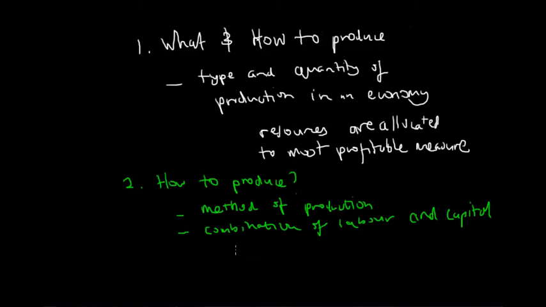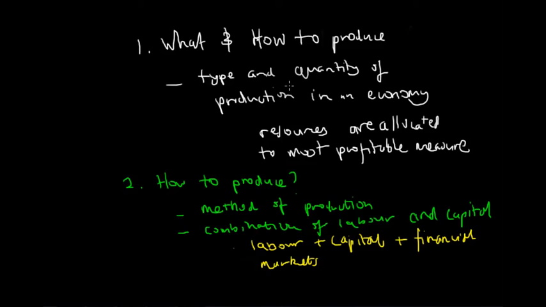So the labor market, plus capital, plus financial markets help determine the price and the quantity of labor and capital that a firm should buy, so that they can produce at the lowest cost and with the most efficient production methods possible. Okay, that was the second question.